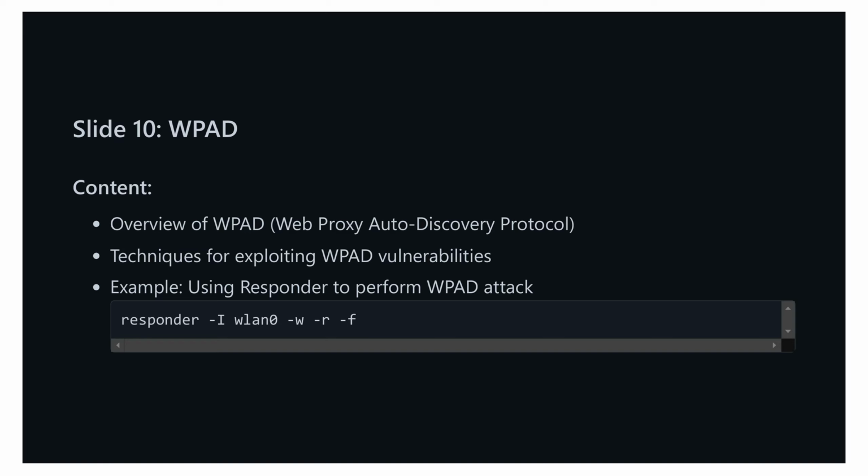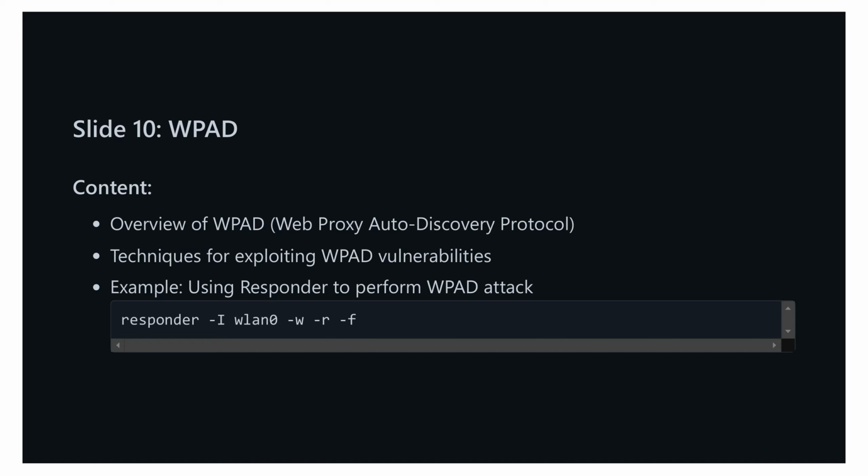This protocol is particularly significant because of its potential vulnerabilities, which can be exploited if not properly secured. We will cover key techniques attackers use to exploit these vulnerabilities. One common method is using the Responder tool, which is a powerful suite for network poisoning attacks. With Responder, an attacker can listen to LLMNR, Link Local Multicast Name Resolution, and NetBIOS Name Service on a network, capturing hash values and potentially gaining unauthorized access.